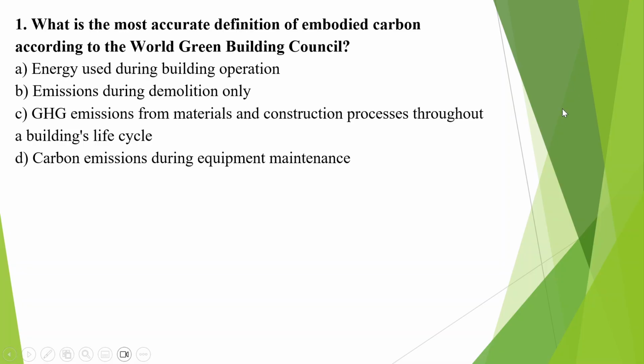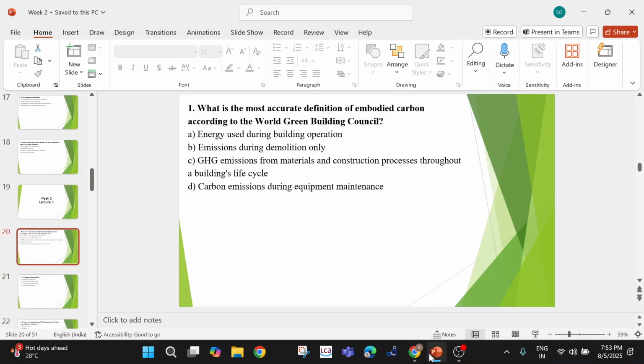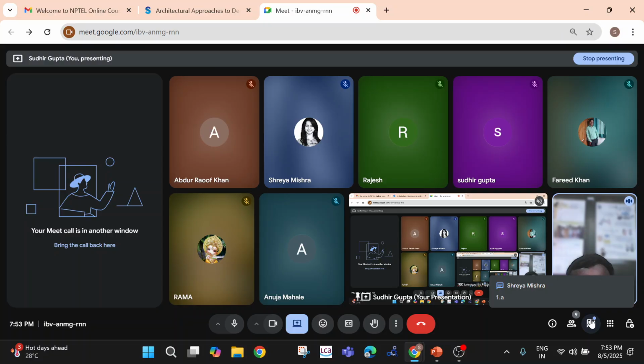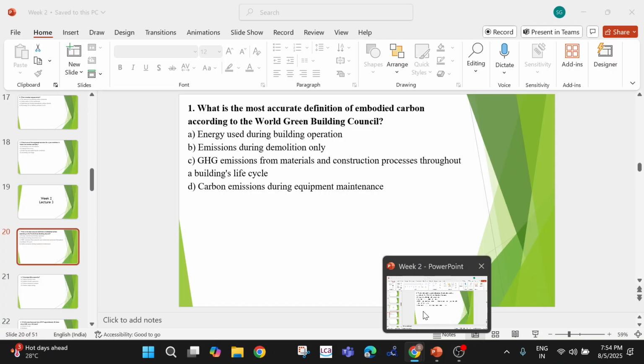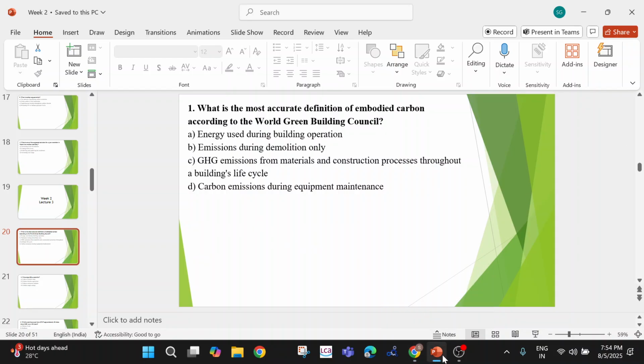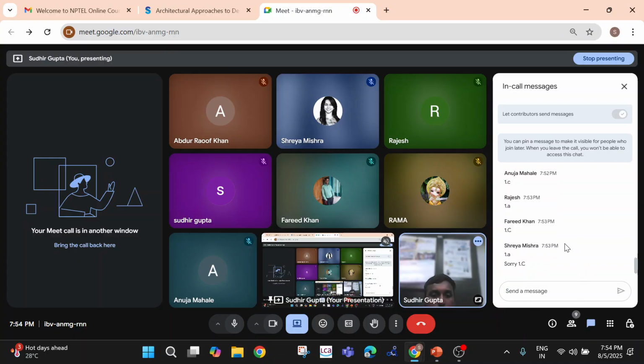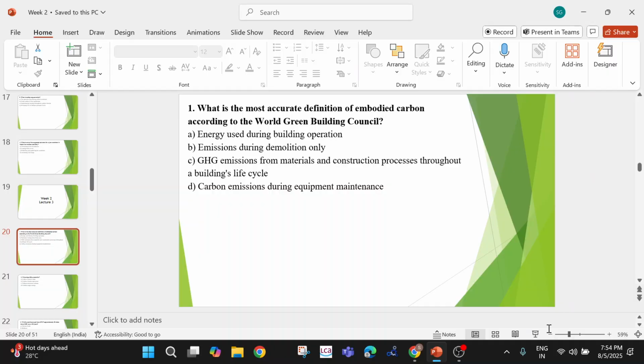Okay, let's see, because I am giving only 1 minute. For question number one, how many of you have answered? Yeah. I can see everyone has gone for option C except Rajesh. Fine. So option C is the correct answer for this question.